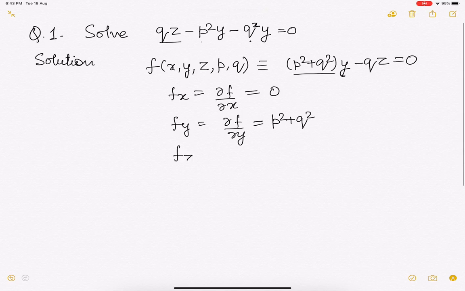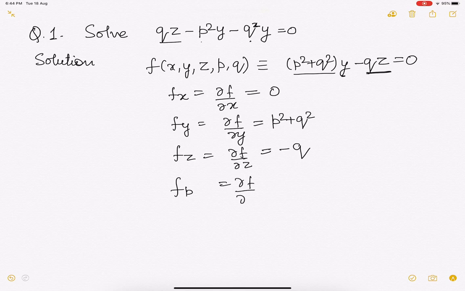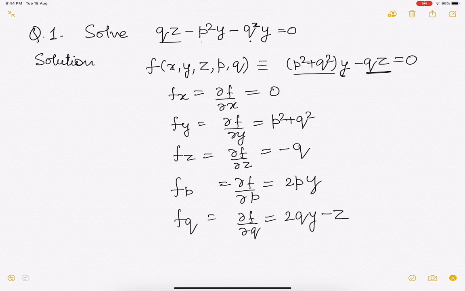Then fz, the partial derivative with respect to z, is equal to minus q. The partial derivative with respect to p is 2py, and the partial derivative with respect to q, that is del f upon del q, is equal to 2qy minus z.